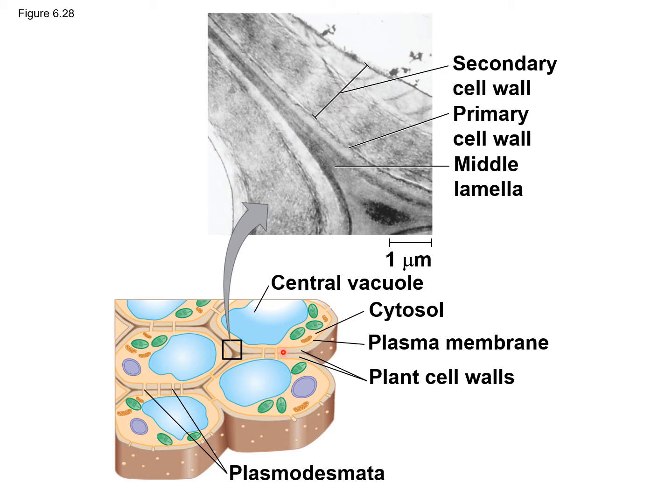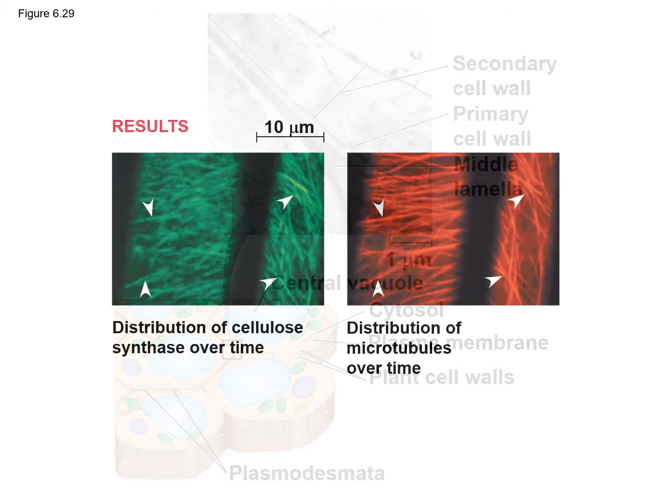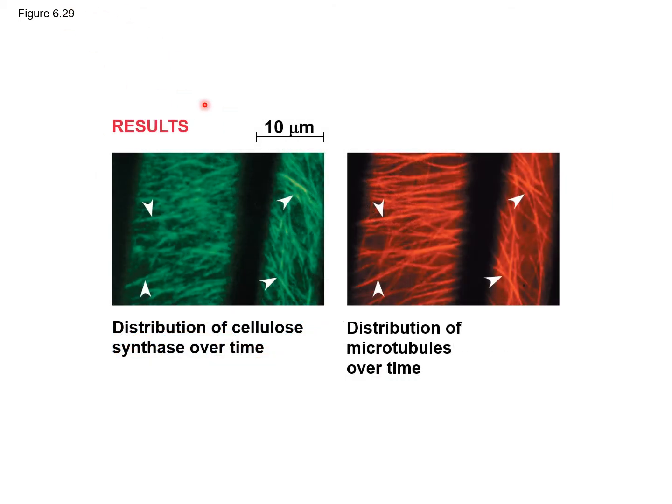And speaking of function, here are some functional structures, the plasmodesmata that I mentioned in the previous slide. You might want to take a look at the experiment that they talk about, of which this is the result in Figure 6.29. You might want to just take a quick peek at that in your book.